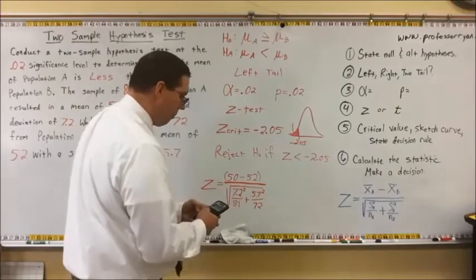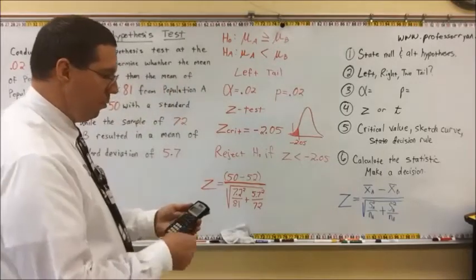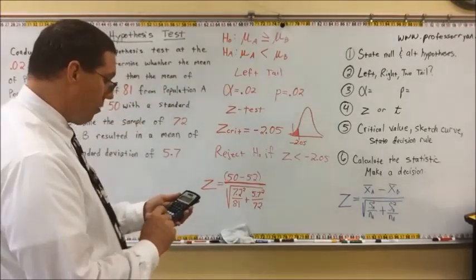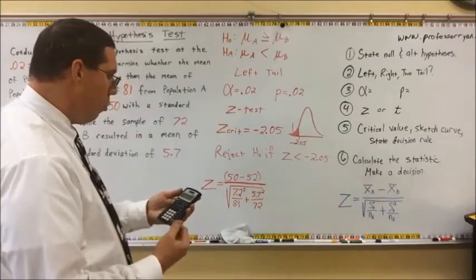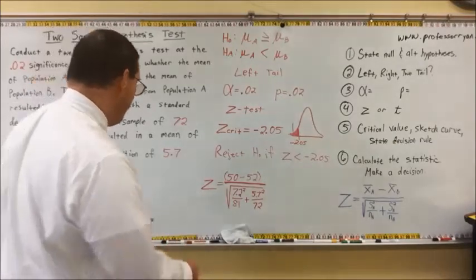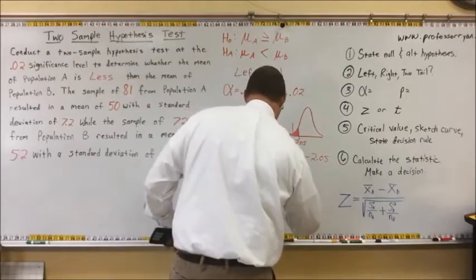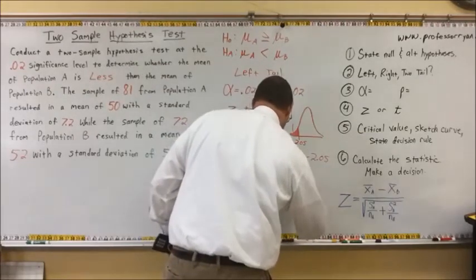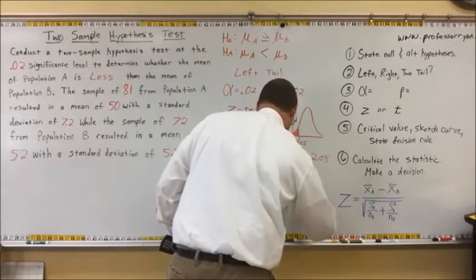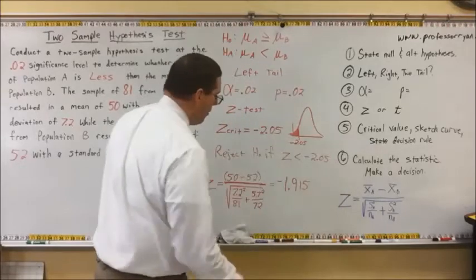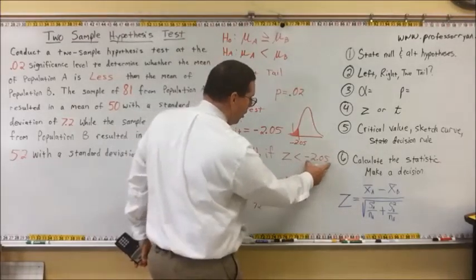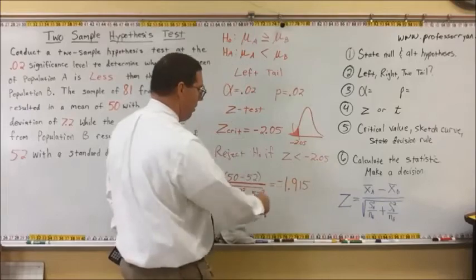And I'll close off the parenthesis that got opened with the radical. And now when I just press enter, I get negative 1.915. This number is not smaller than negative 2.05.